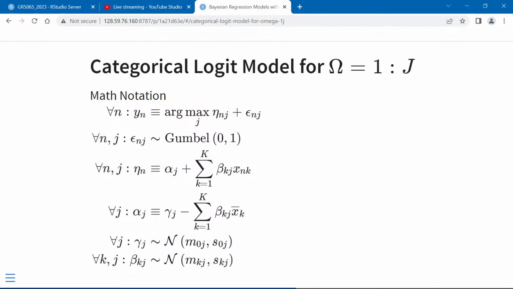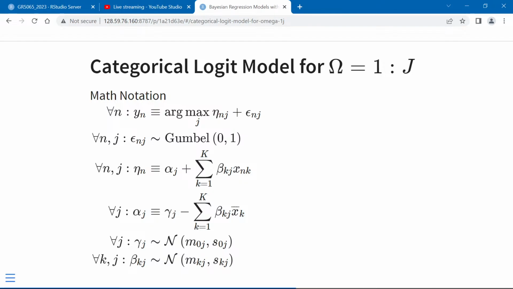So what's the math notation for a model like this? Well, the outcome we observe is a brand of orange juice from 1 to J. And we're thinking of that as the largest among the values, eta plus epsilon. So we have eta that's indexed both by consumer, person, and J, brand of orange juice.